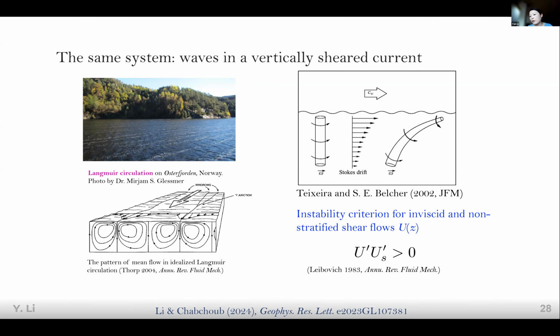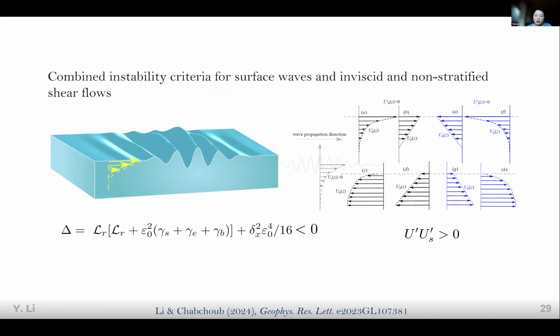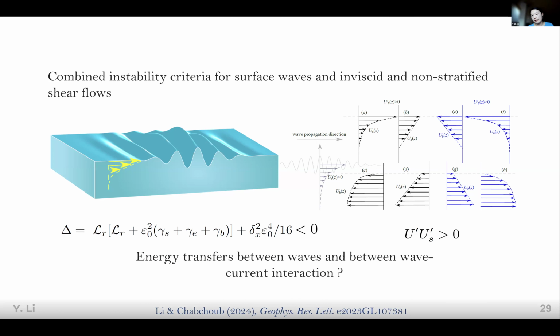The instability criterion basically involves the sign of the product of the background shear current and the Stokes drift shear. This means that using the same system, we could have instability for extremely large wave events and meanwhile also Langmuir circulation. So which of the two would dominate in realistic scenarios? This is a question that we don't know.